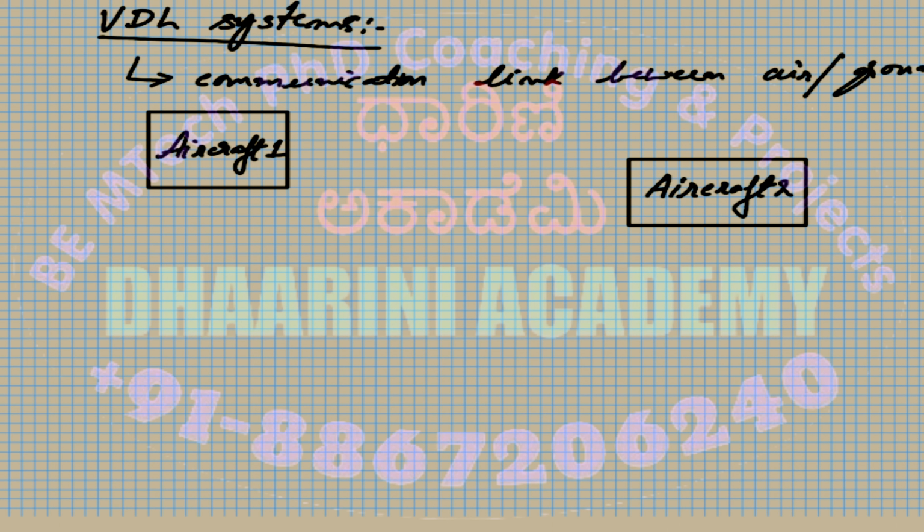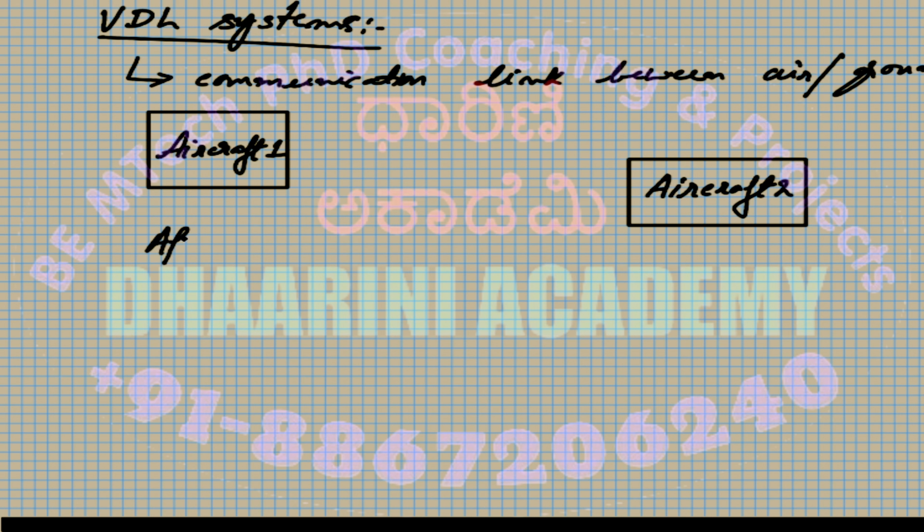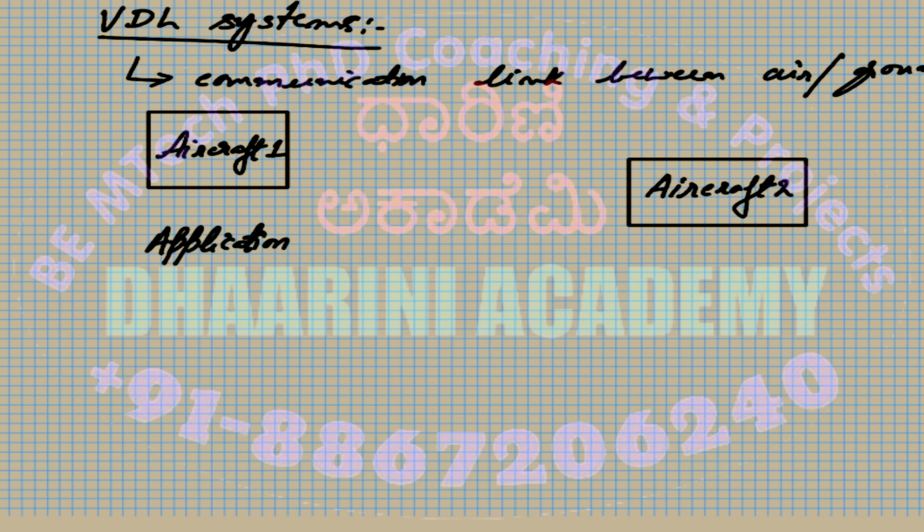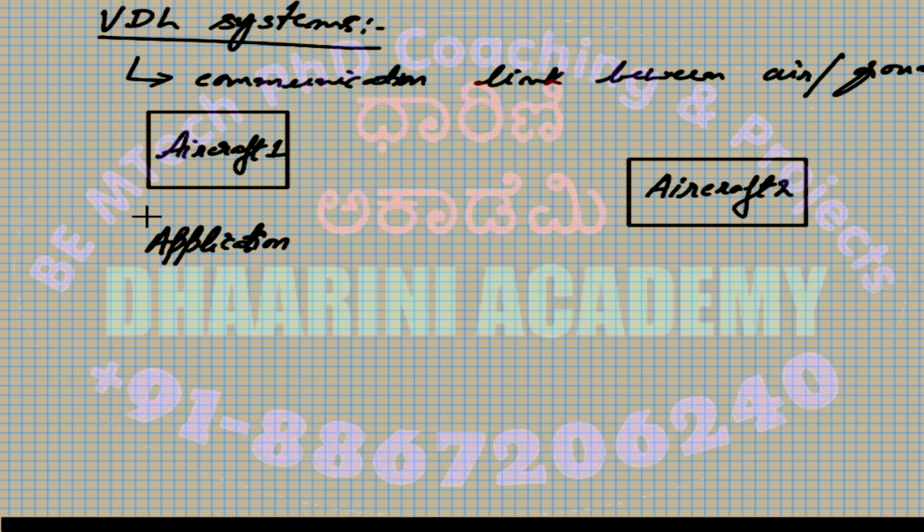Like Boeing might use ATN, and if we go to Airbus, it may be a different ACARS software, etc. So each one uses their own application. There is one application for aircraft one, and there could be a different one for this.